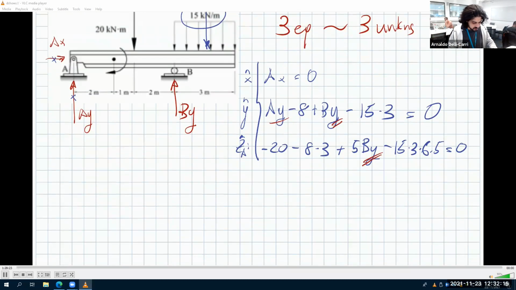All right. So help me out. How much is By? So By is, you see, it says 67.3 kilonewtons. Kilonewtons, you should write it the other way around. It's kilonewtons, like this. So 67.3 kilonewtons.